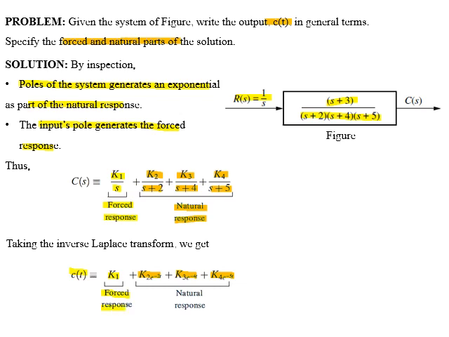Here k1 will be our forced response, whereas terms with coefficient k2, k3 and k4 will be our natural response corresponding to the pole at -2, -4 and -5 respectively.